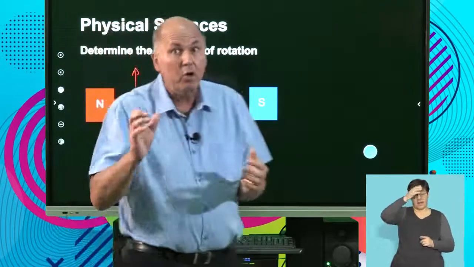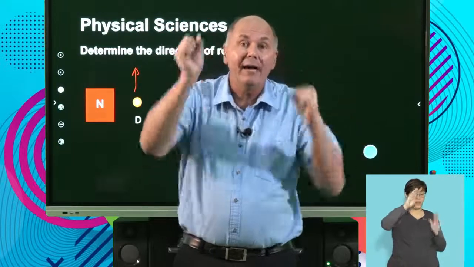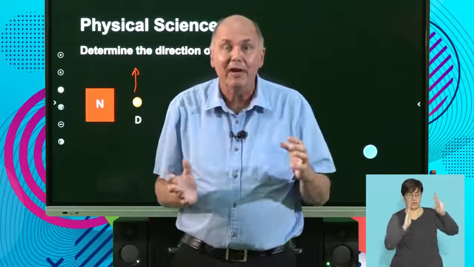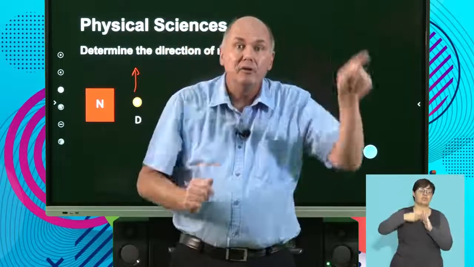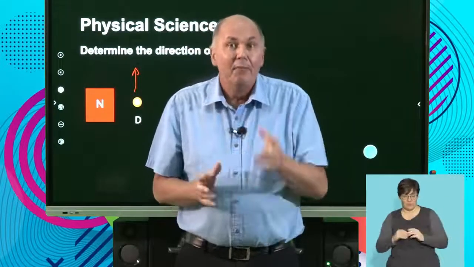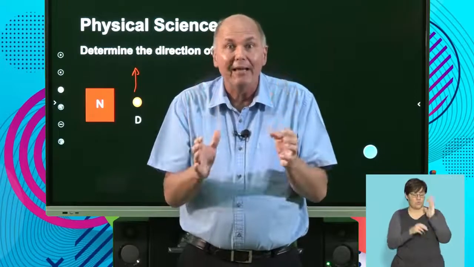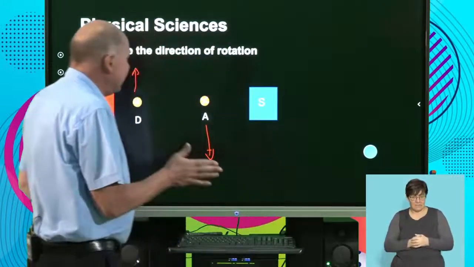So on that coil, one side of the coil is going to go up, and the other side of the coil is going to go down. And eventually, what we're going to get is a rotation, a movement in a particular direction. But we found it by applying the different rules. Let's just check. Does the right-hand rule work? Yes, it does, in exactly the same way.